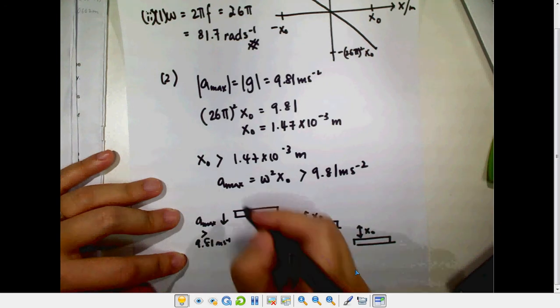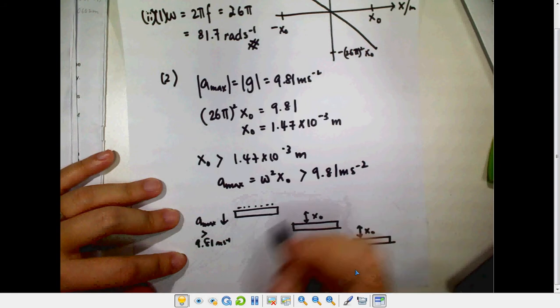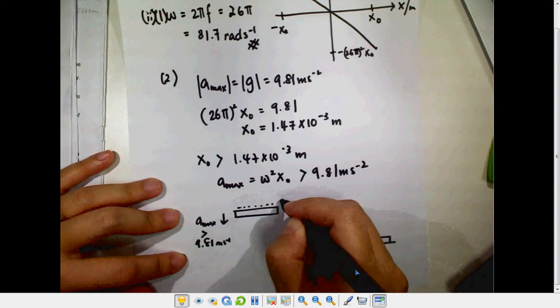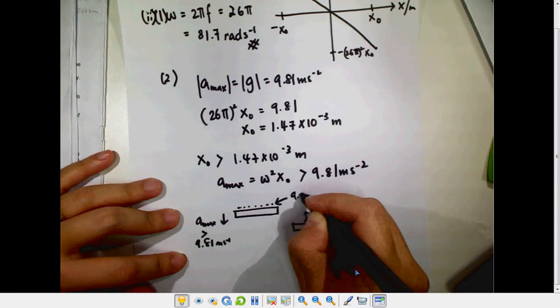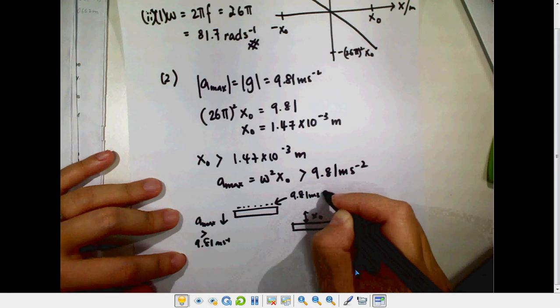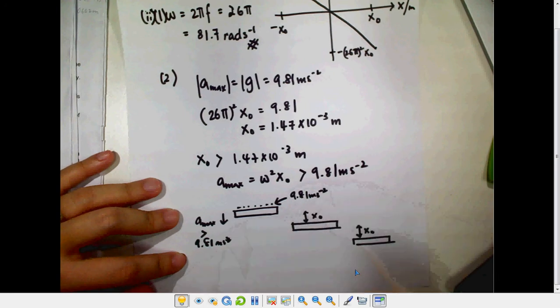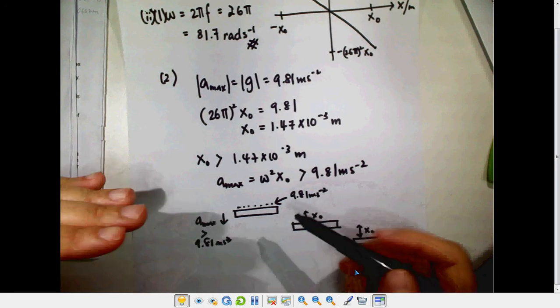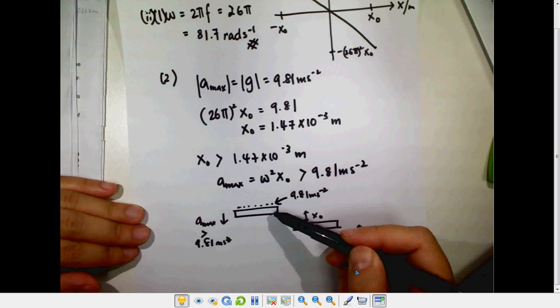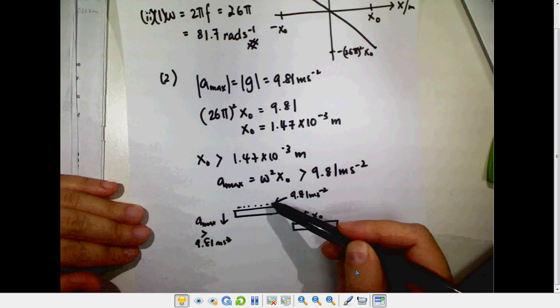But you know that your sand here, its weight is accelerating down at 9.81 meters per second squared. So what happens is that the sand will actually be left above the plate.